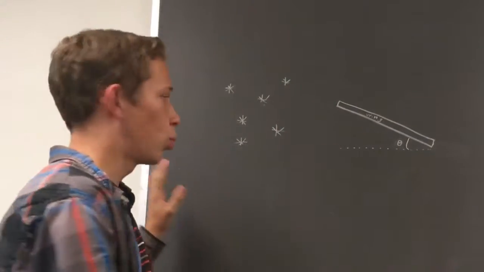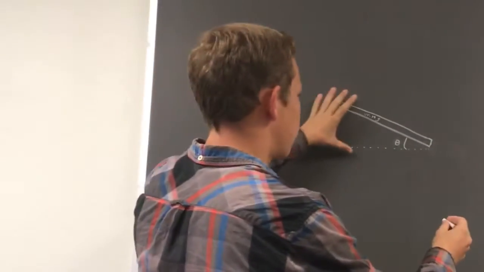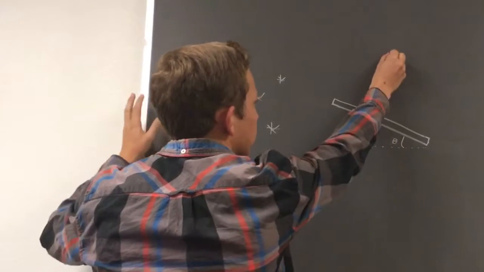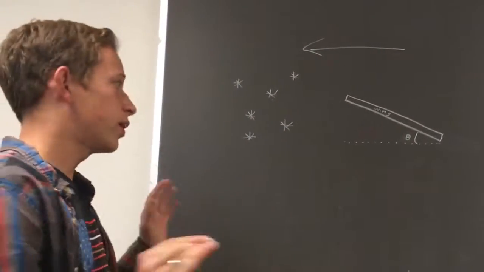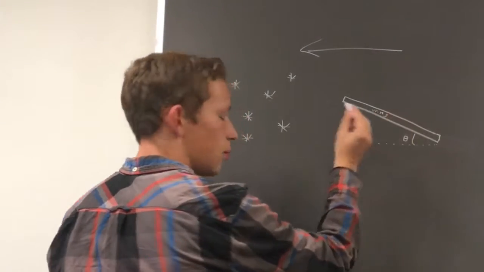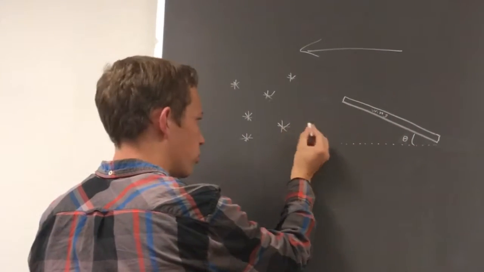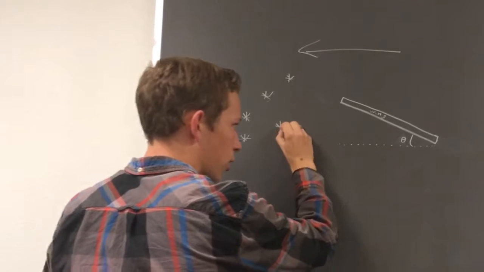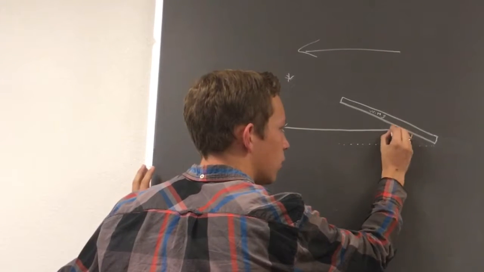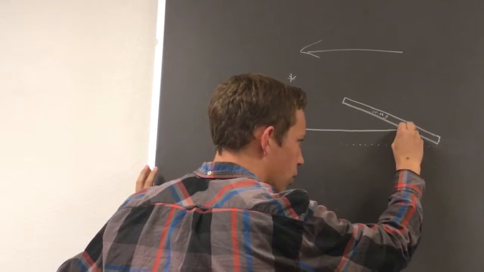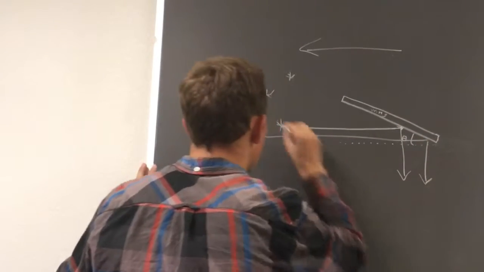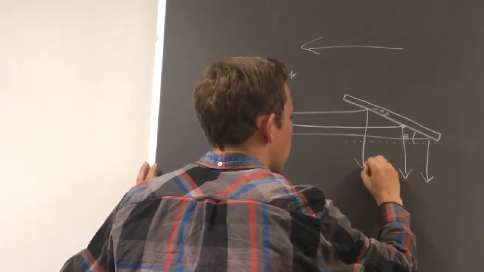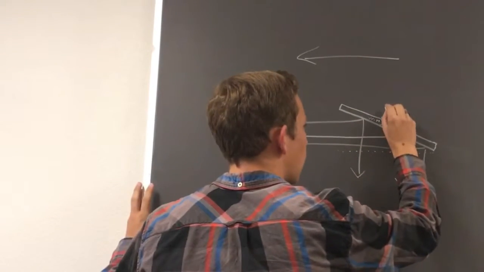The angle of attack is important because as the airplane is flying, the wing is going this direction, and to generate lift, it begins to hit the air molecules. So I'm going to draw the air molecules going this way. As the wing hits them, the air molecules change direction, and this pushes the wing up.